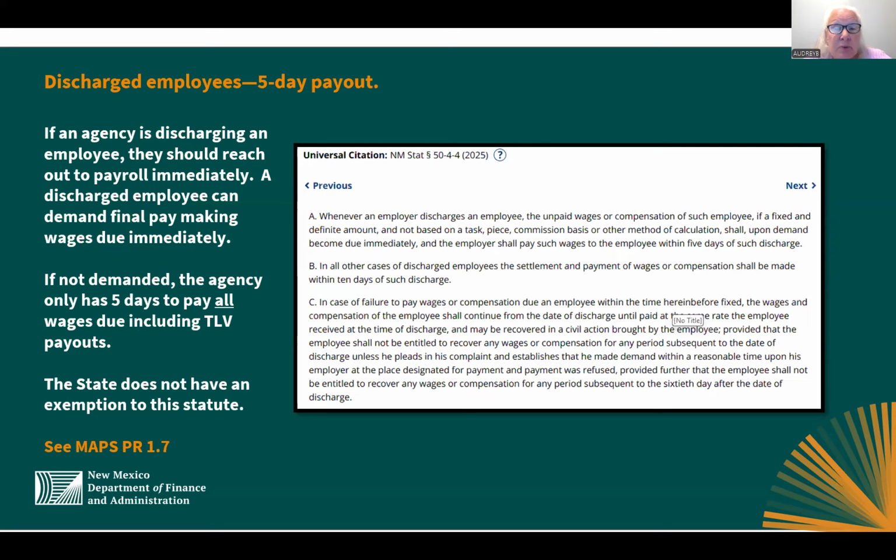In most cases, we cannot get you a check same day. I have never seen an instance where payroll is able to produce a same day check. We can, however, produce a second day check.